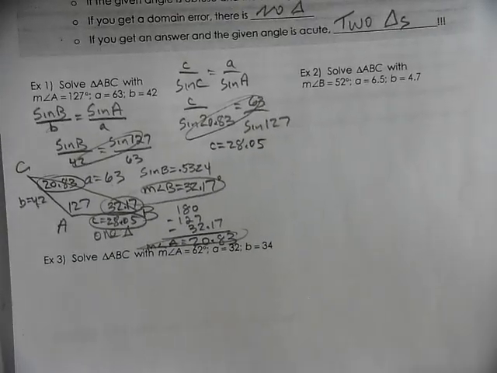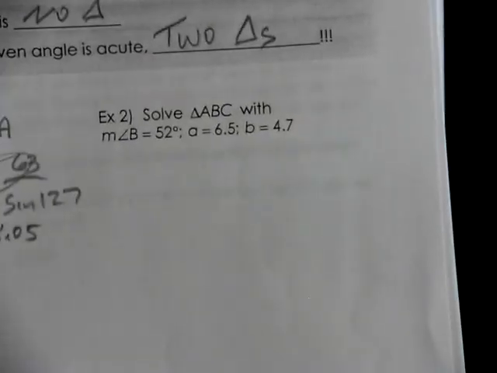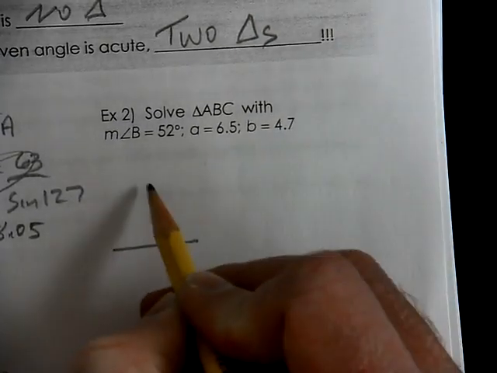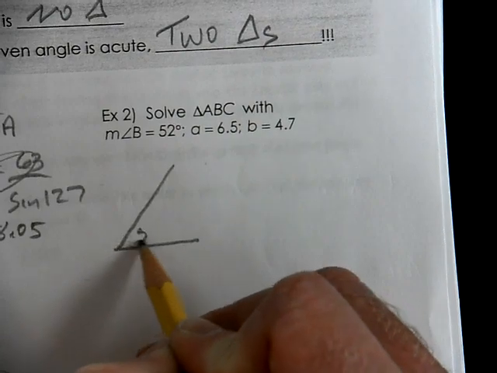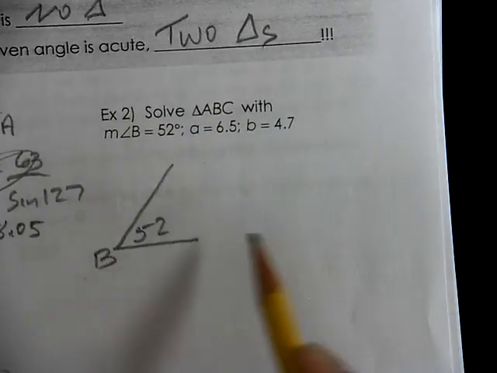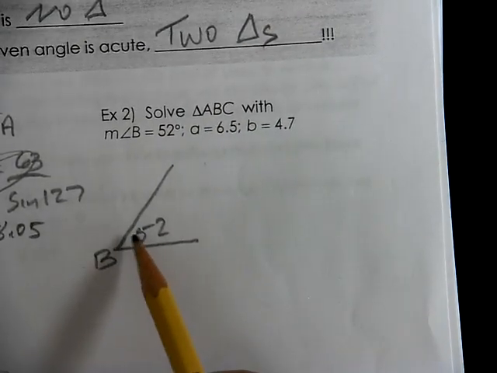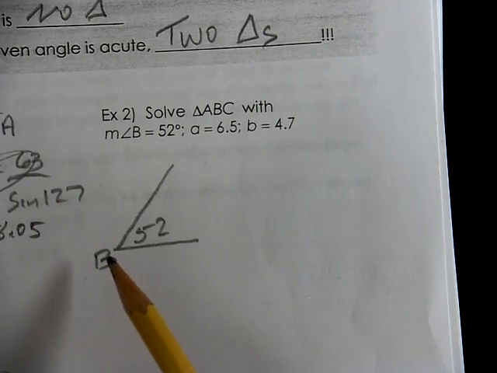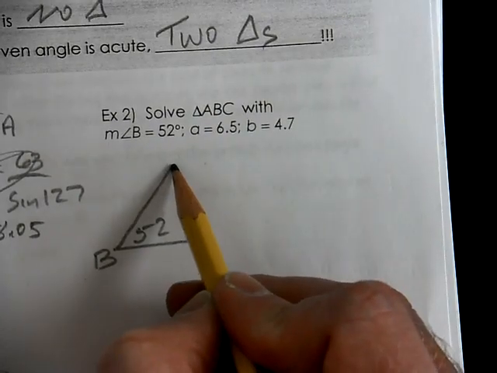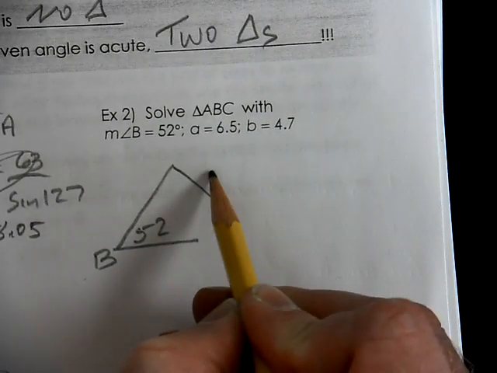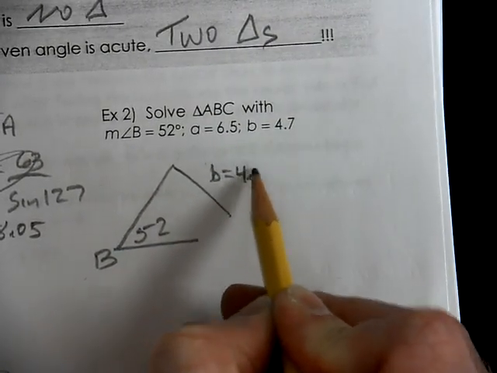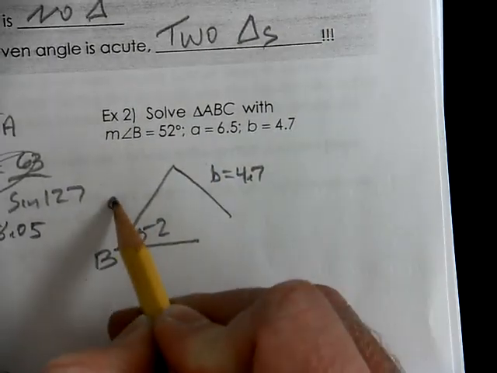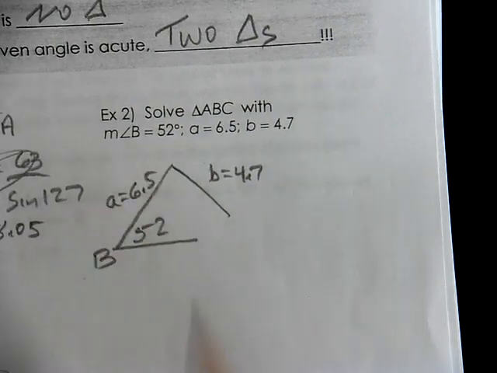All right, number 2. Here we have a 52-degree angle. Side B. Now watch here. We're using the letter B for the angle, so some of the formulas get messed up. 4.7 is our opposite side, and the other side is 6.5.